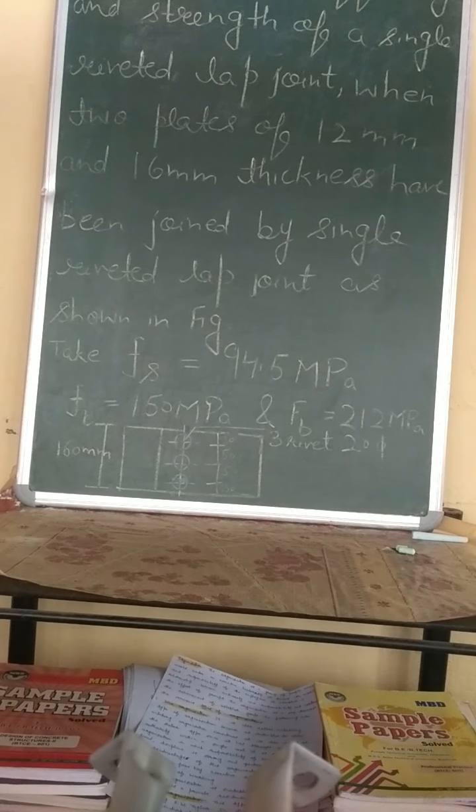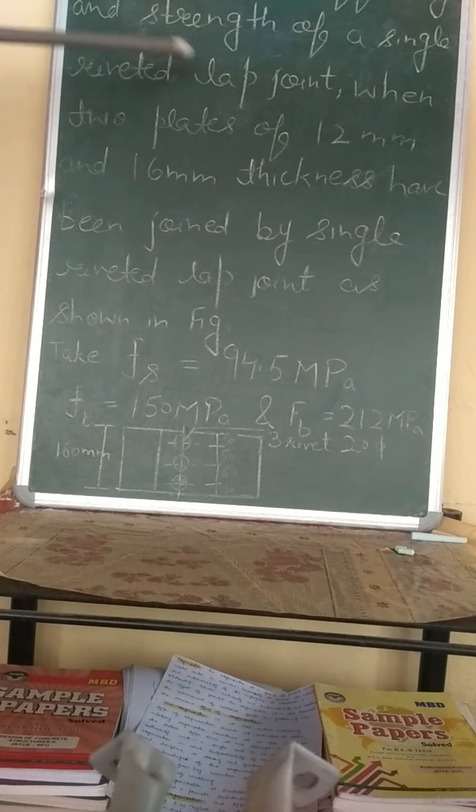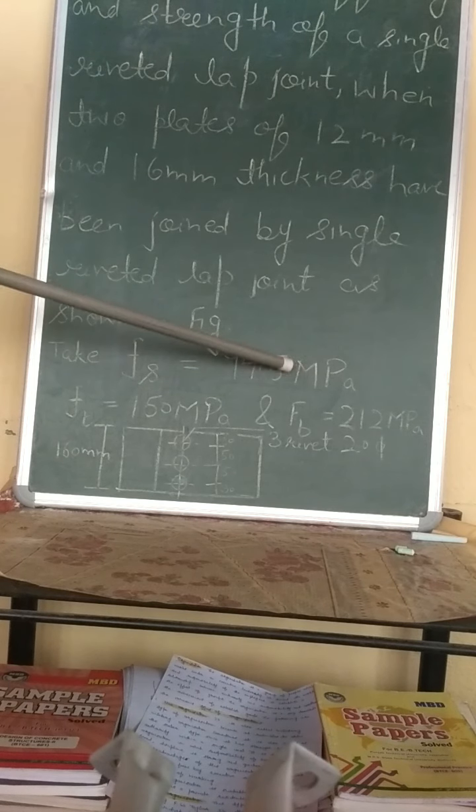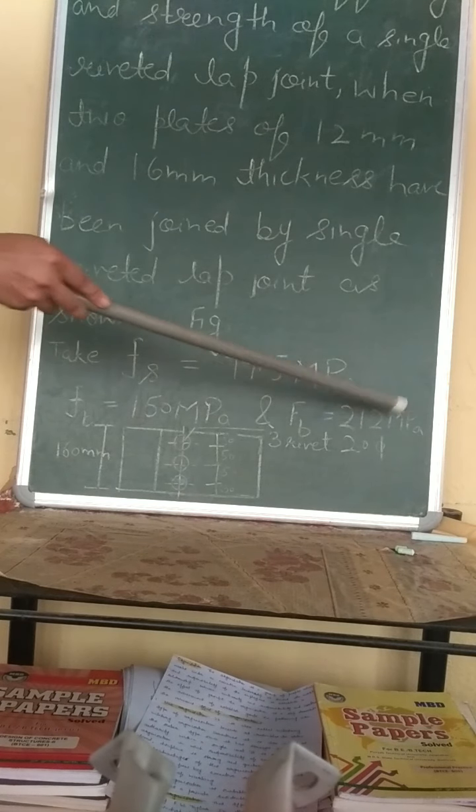Next problem: calculate the efficiency and the strength of a single riveted lap joint when two plates of 12 mm and 16 mm thickness have been joined by a single riveted lap joint as shown in the figure. Take Fs is equal to 94.5 megapascal, Ft is equal to 150 MPa and Fb is equal to 212 MPa.